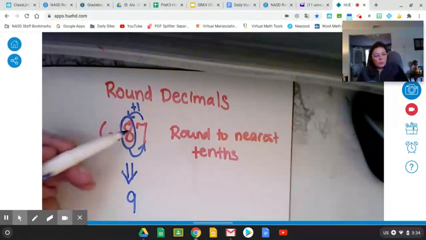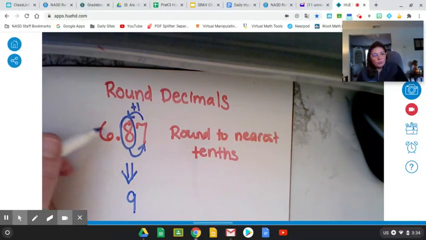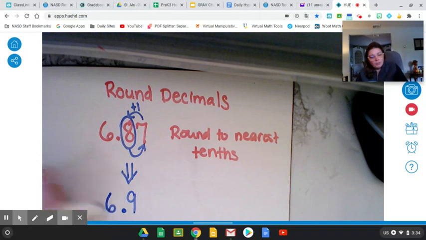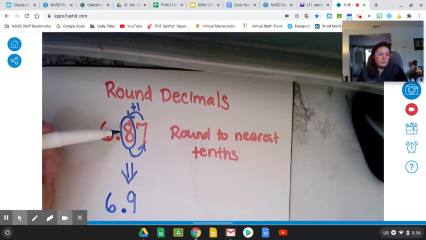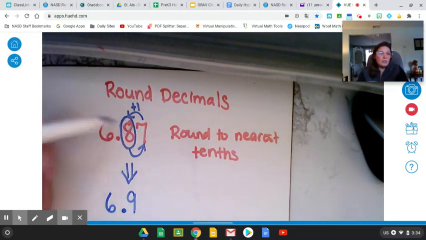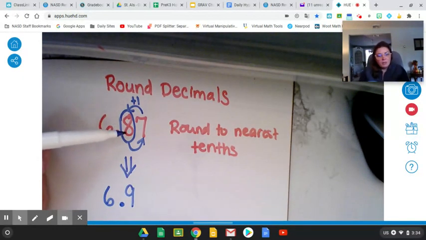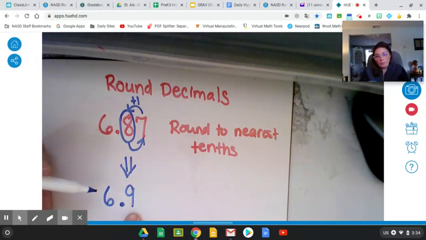The boss goes away, but we didn't use the ones place, so we're going to keep it. So 6 and 87 hundredths, when we round it to just the tenths place, it's closer to 6.9 than it would be 6.8. So you follow the same rounding rules. It's just a little harder, I think, for students to visualize.